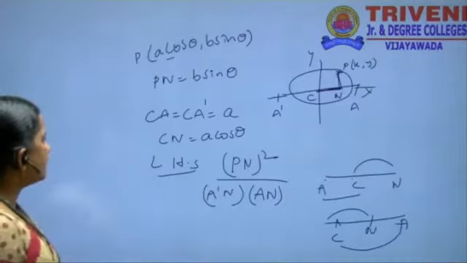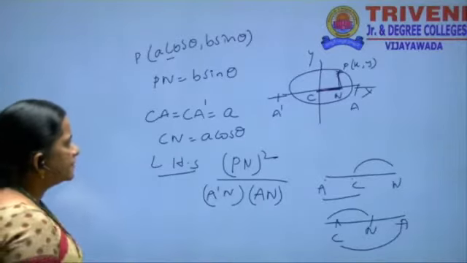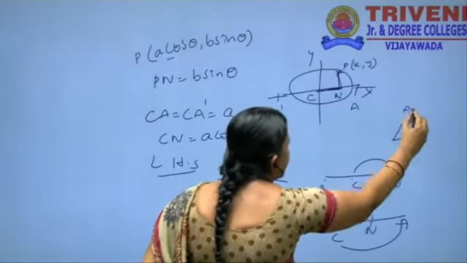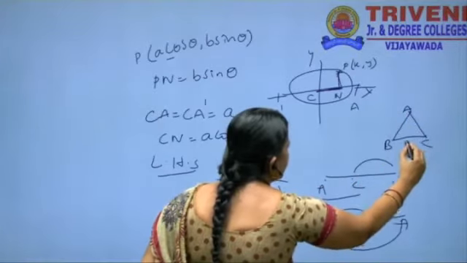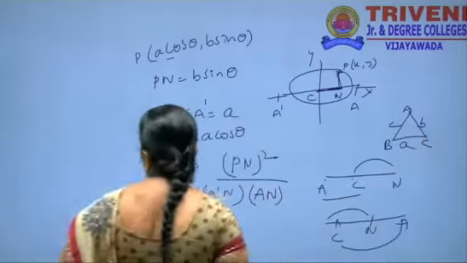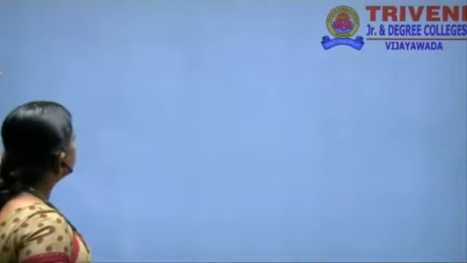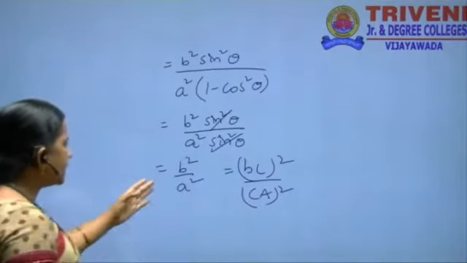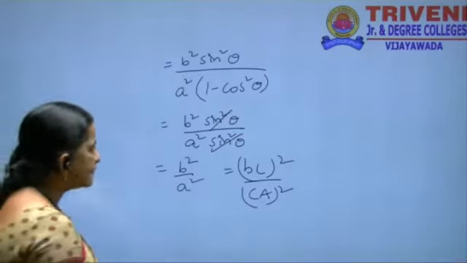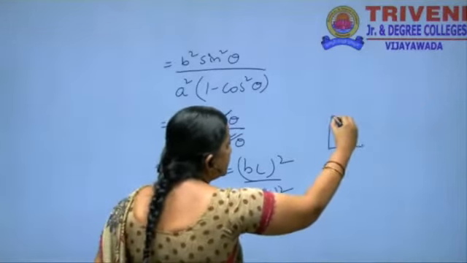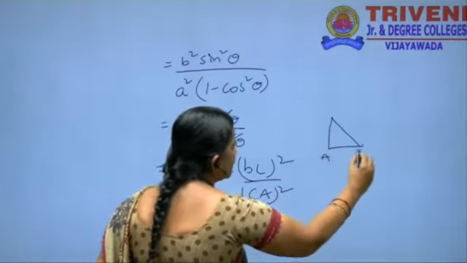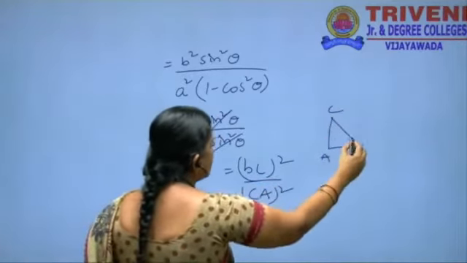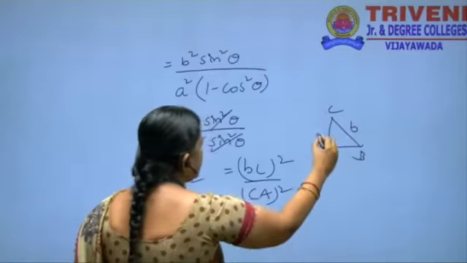In the diagram, suppose a right angle triangle ABC is there, with BC equal to b and AC equal to a.